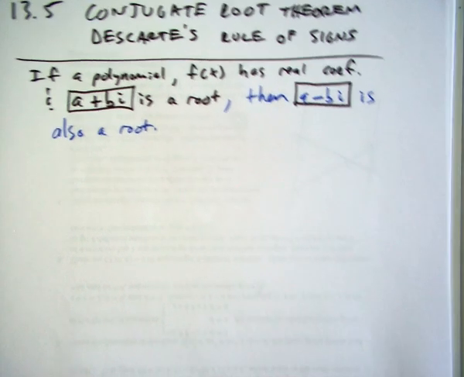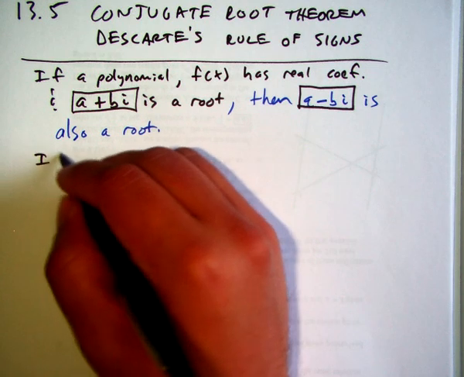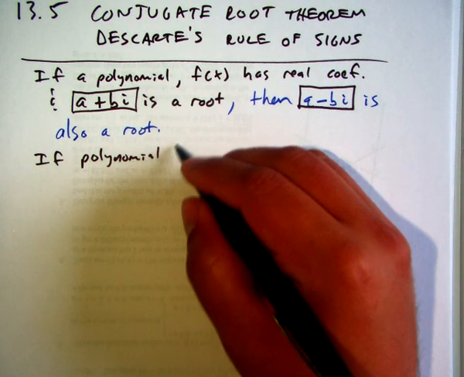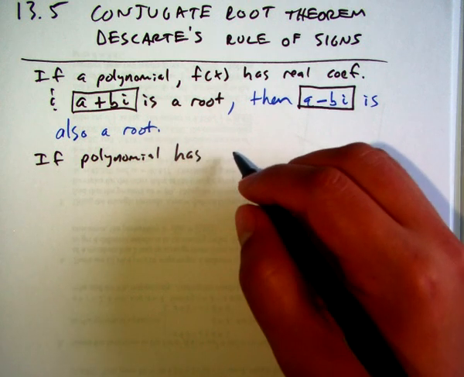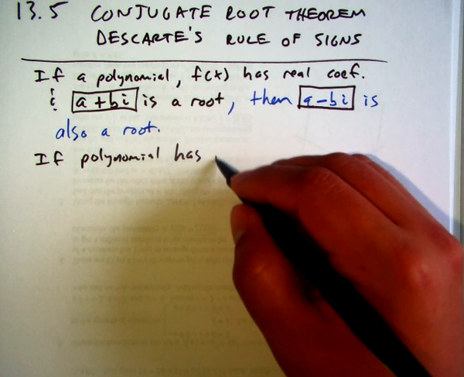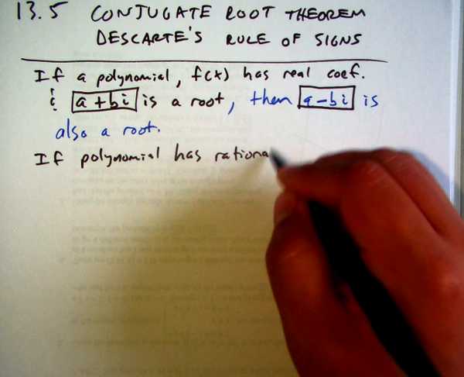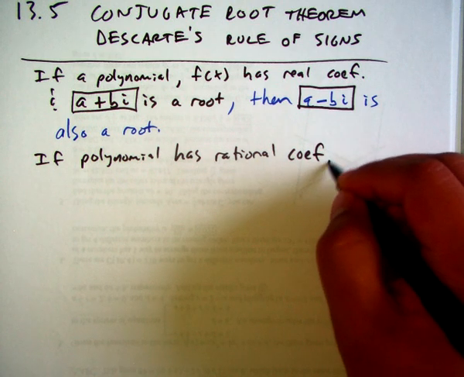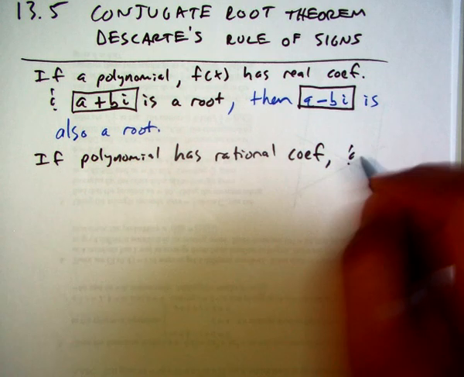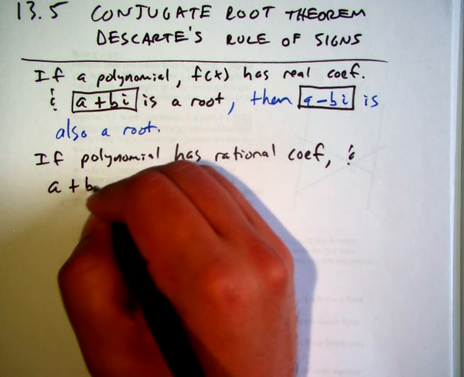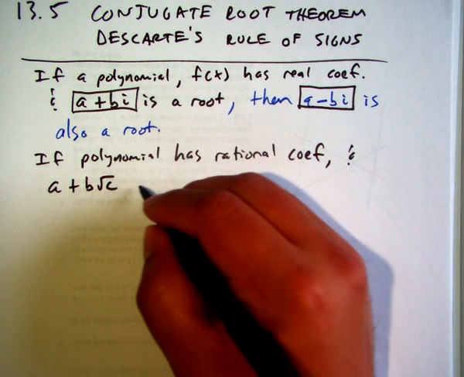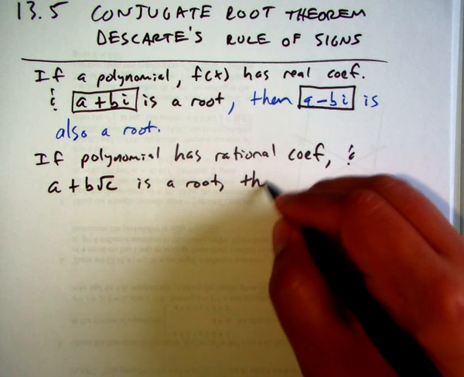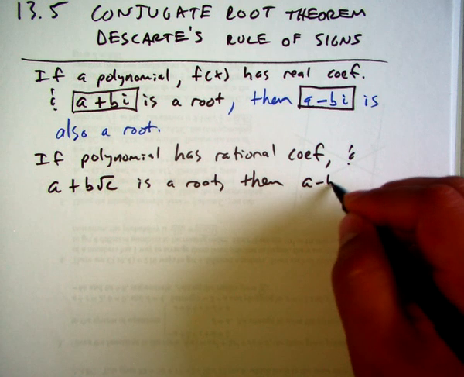Adding to that, if the polynomial has rational coefficients, and a plus b root c is a root, then its conjugate, a minus b root c, is also a root.